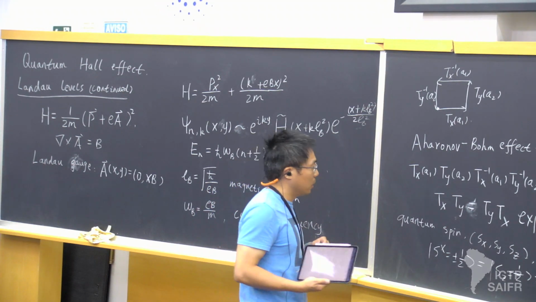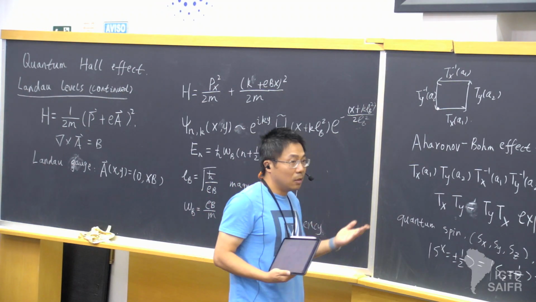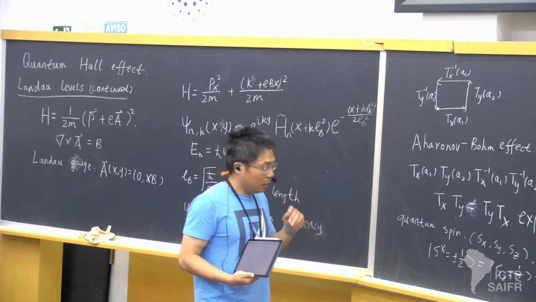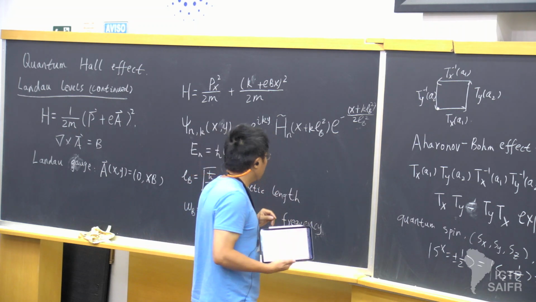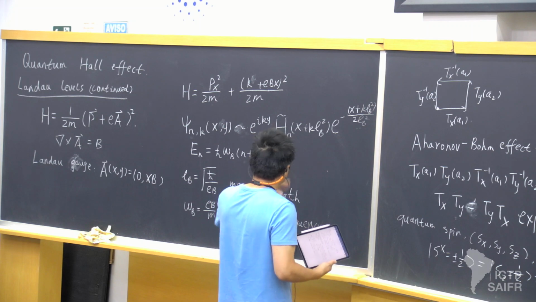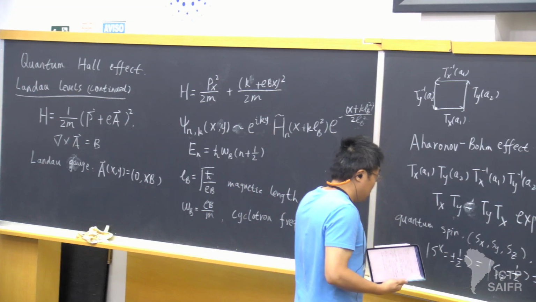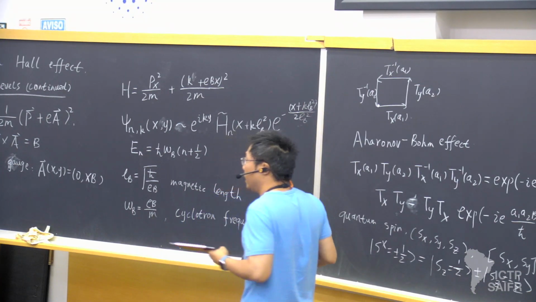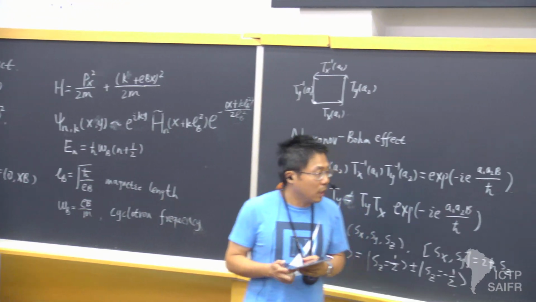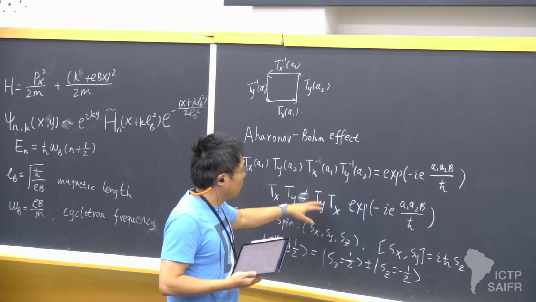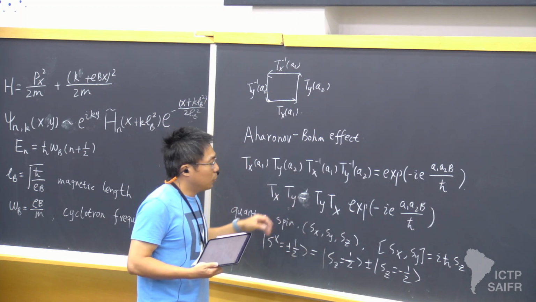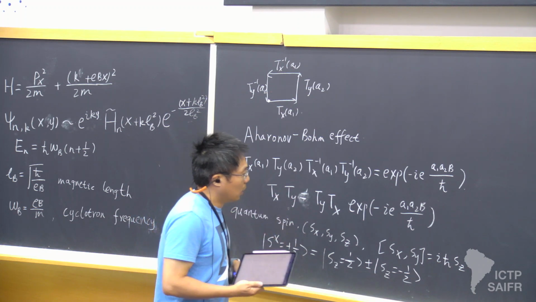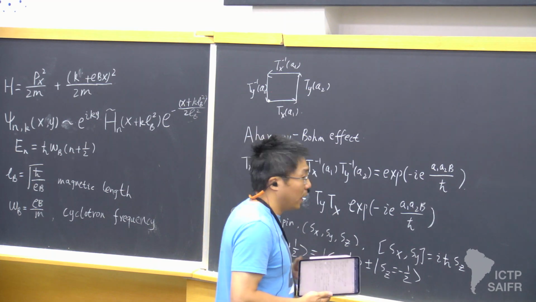You superpose them together, and you can get another basis that is an eigenstate of the other translation. So that's basically where the degeneracy of the Landau levels comes from. It's really just a consequence of these non-commuting symmetries that come due to the magnetic field.